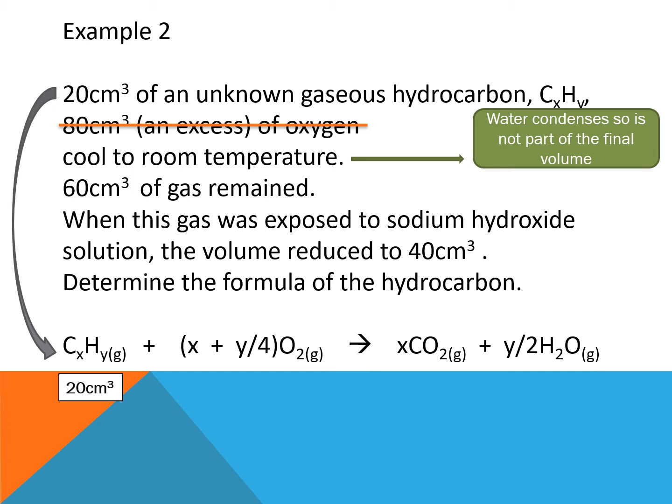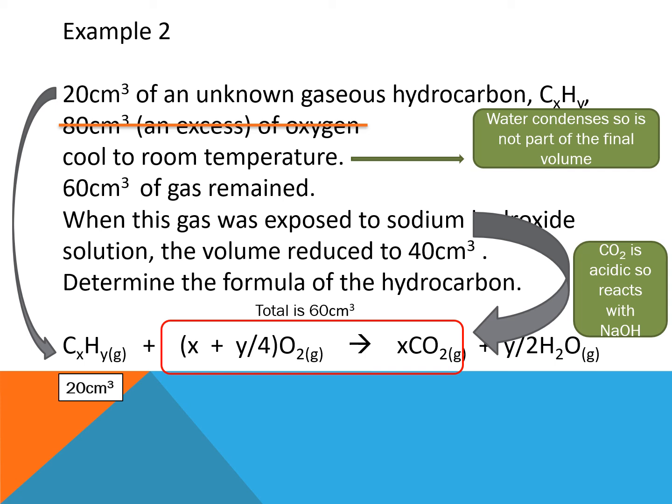It's not a value we can use to work out our ratios. Cool to room temperature, water condenses, so it's not part of the final volume. This here is going to be our final volume, the leftover oxygen and the carbon dioxide produced. We know that there's 60 centimetres cubed of gas remaining, so them together will produce 60 centimetres cubed.